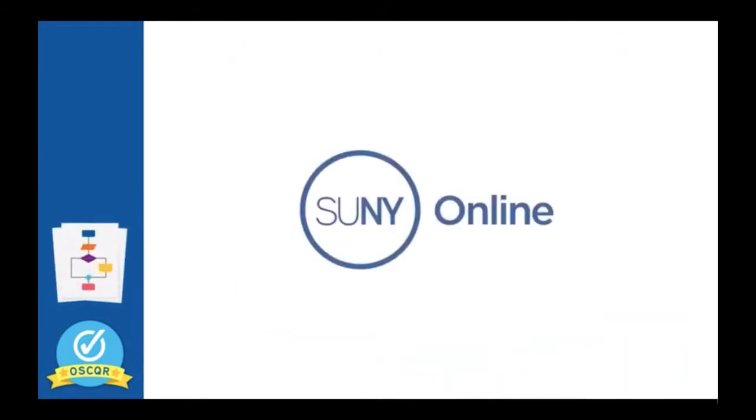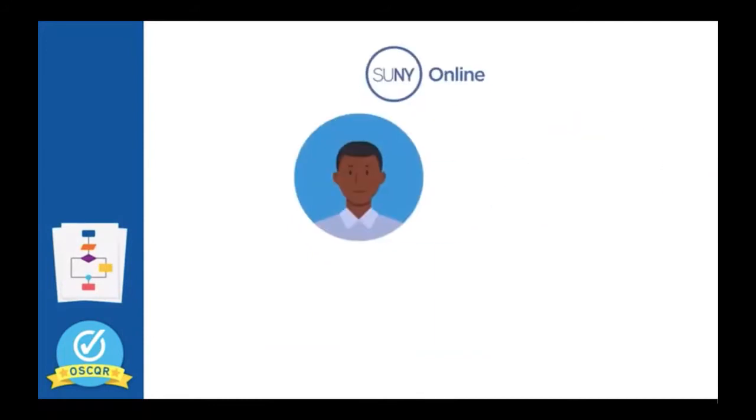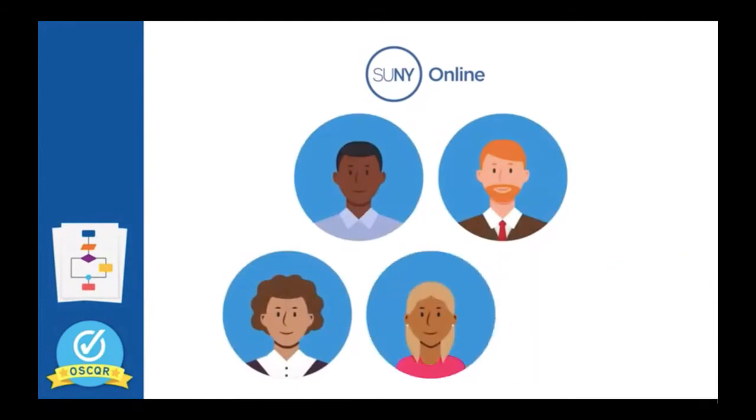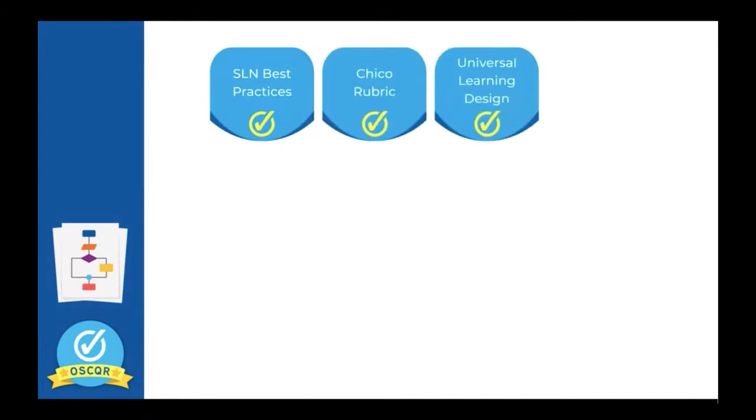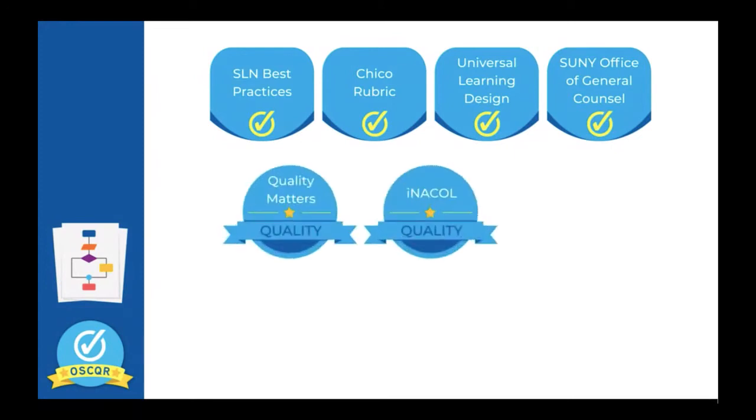Working with multi-institutional teams of SUNY Online instructional designers, librarians, distance learning directors, technologists, and accessibility experts, SUNY Online staff started with 20 years of SUNY Learning Network research-informed best online practices, the Chico rubric, Universal Design for Learning principles, the SUNY Office of General Counsel's Memorandum on Accessibility Considerations, and conducted a gap analysis with Quality Matters, iNACOL, and Blackboard exemplary courses.